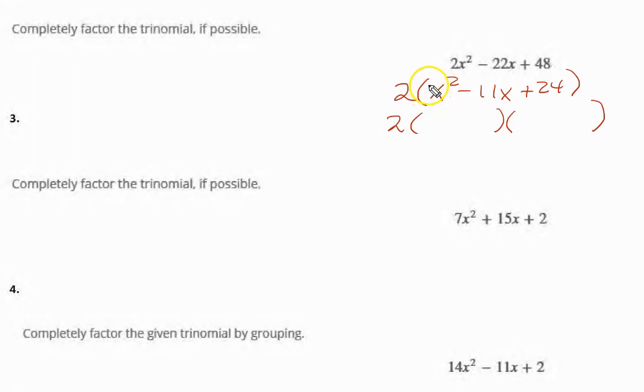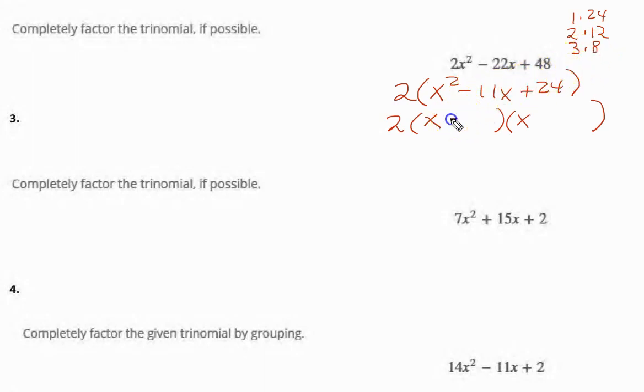Well, now, since our A term here is a 1, we know our first is going to be an x and an x. Now again, mentally we start going through factors of 24. Well, 1 times 24, 2 times 12, 3 times 8, and when I see this combination, 3 and 8, that adds up to 11.